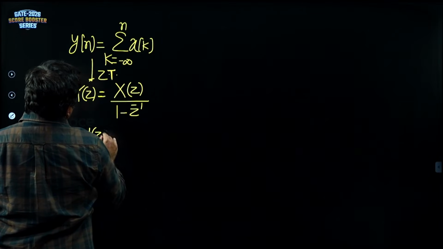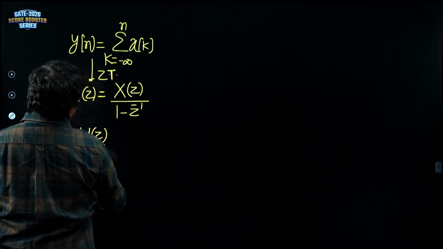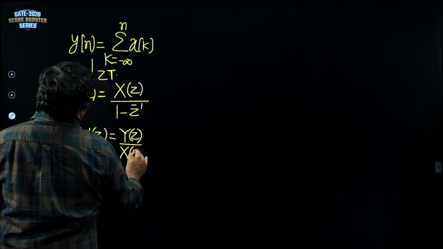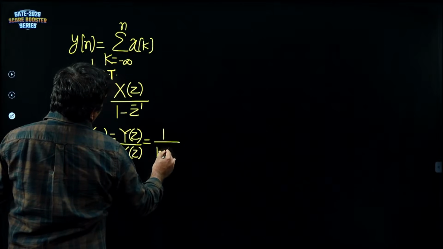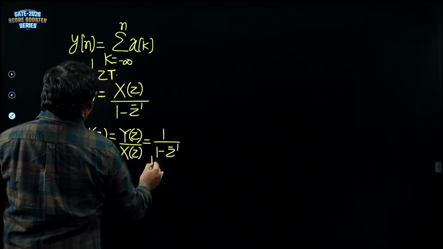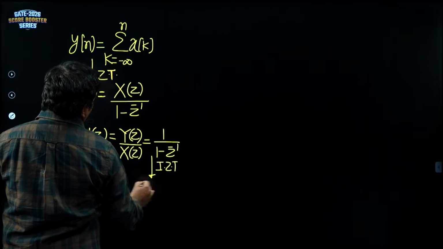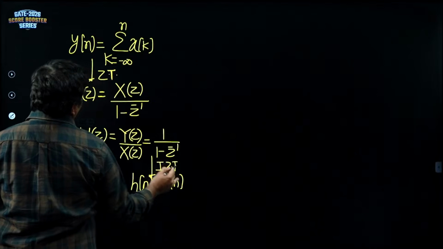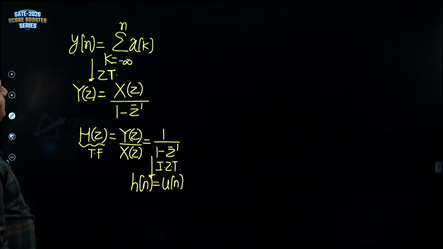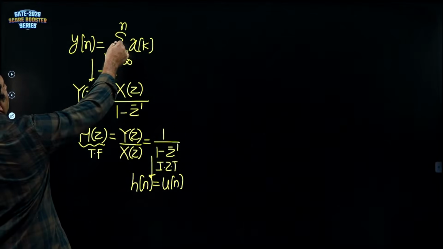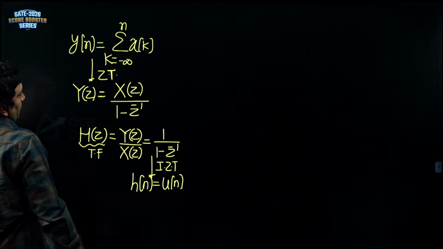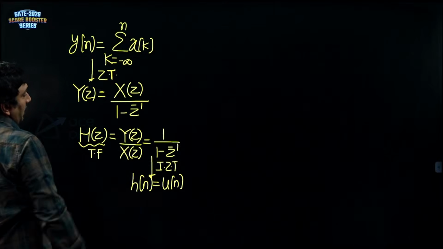So, the transfer function Y(z) by X(z) is 1 by 1 minus z inverse, which is actually the Z transform of u[n]. Take the Z transform of the accumulator, X(z) by 1 minus z inverse, then you obtain the transfer function, and take the inverse Z transform.